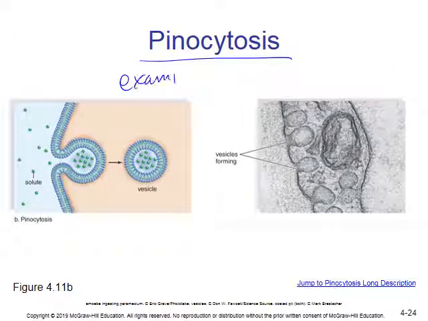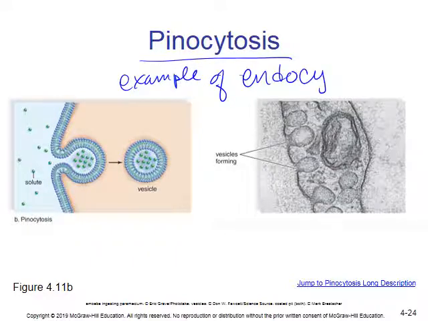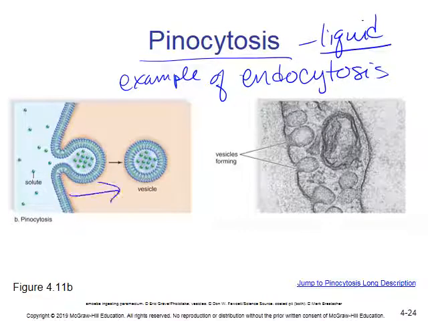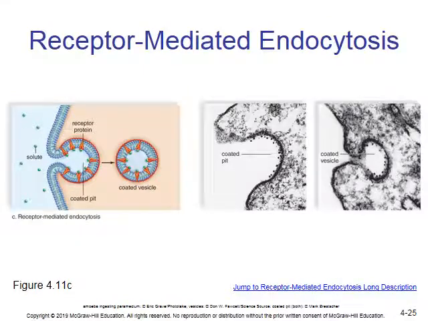Pinocytosis is another example of endocytosis, except this time we're taking in a liquid. So this is some sort of liquid that's being brought into a vesicle or transported inside the cell. There's also receptor-mediated endocytosis.